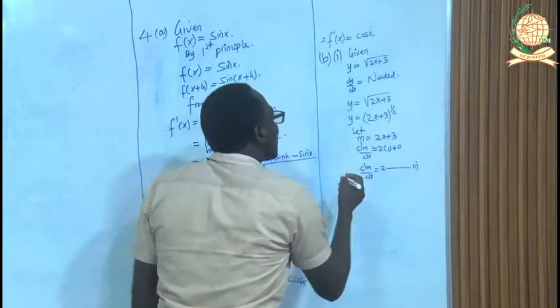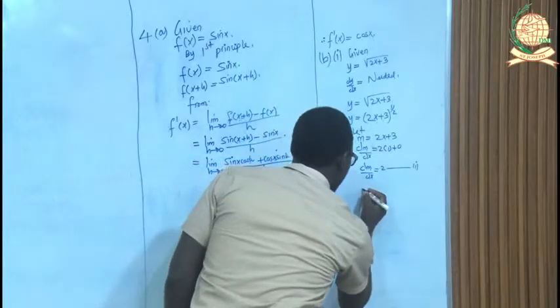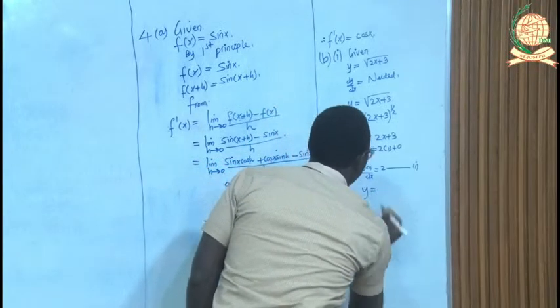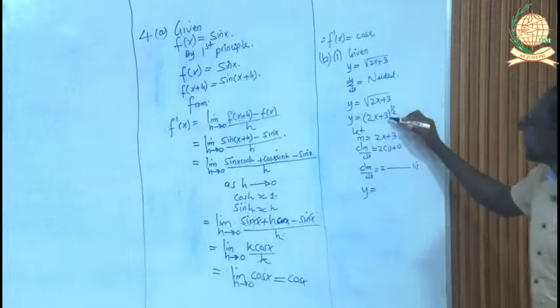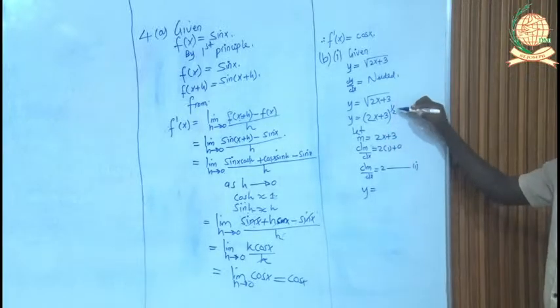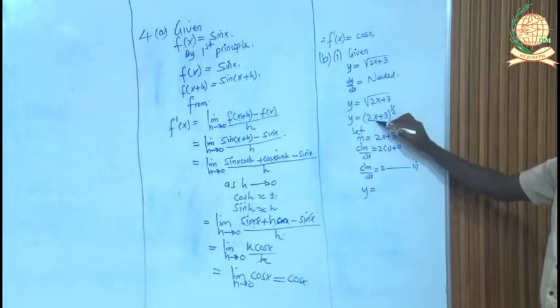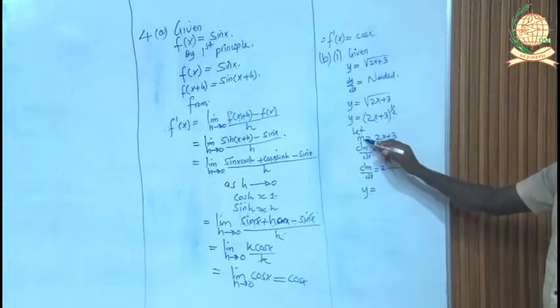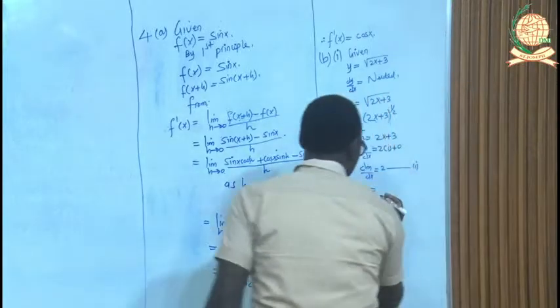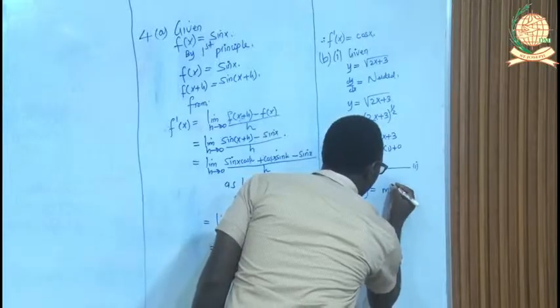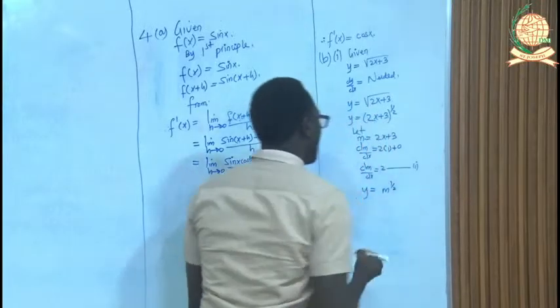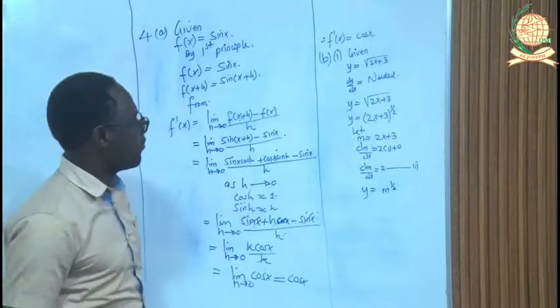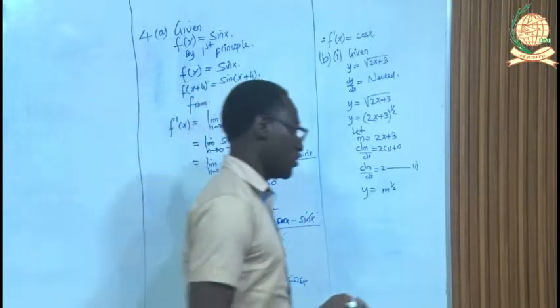Also, back to the original function, y equals 2x plus 3 power 1 over 2. Now 2x plus 3 is equal to m, so we remain with y equals m power a half, m power 1 over 2.